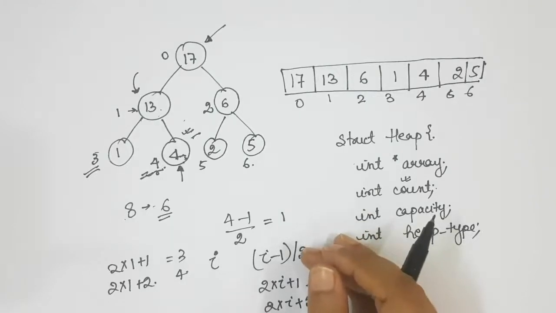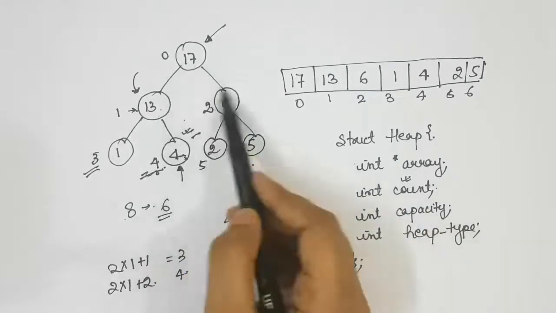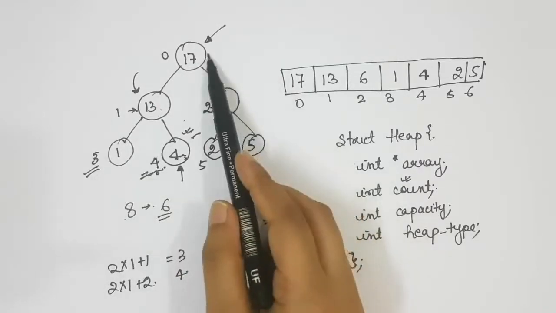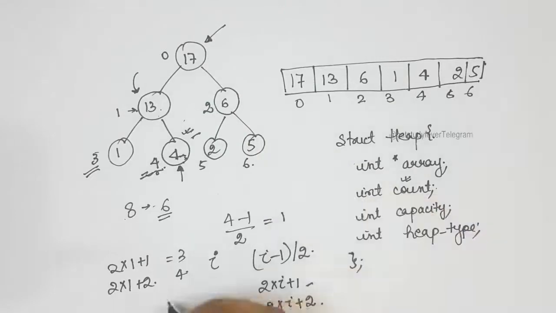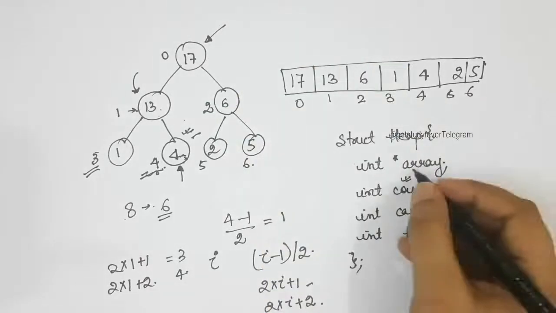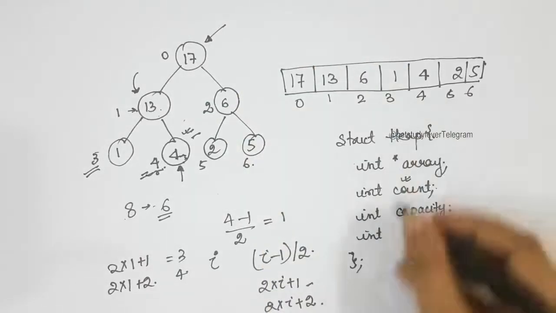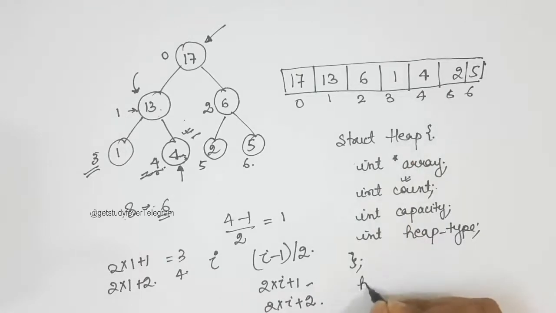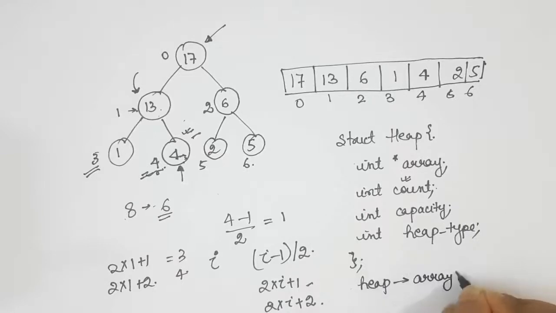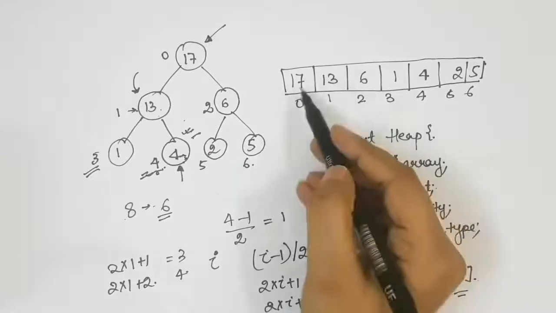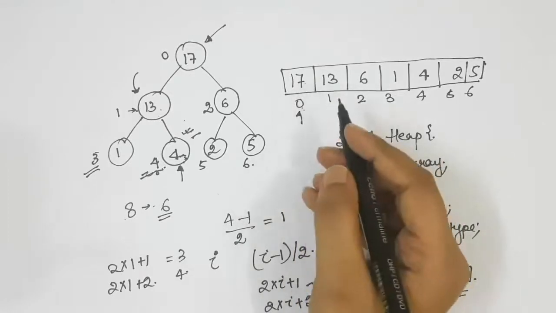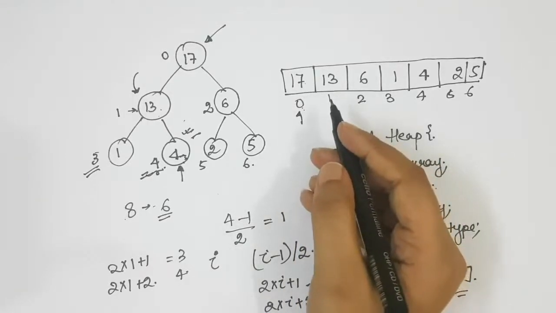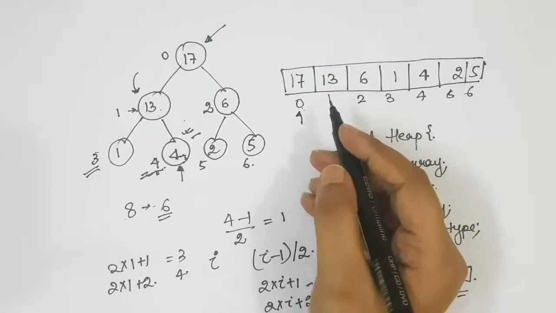So given a heap, how do we know the maximum element? It is always at the top. Let's say this is our heap. The 0th element of this array always gives me the maximum element. These are the small operations that you need to know and that we will be using as we go through the code.